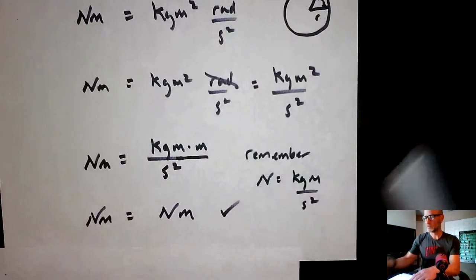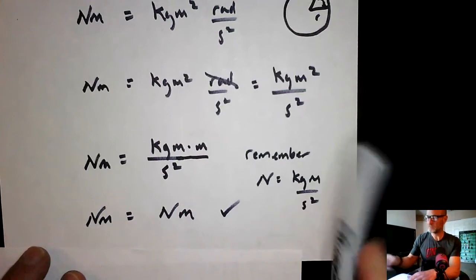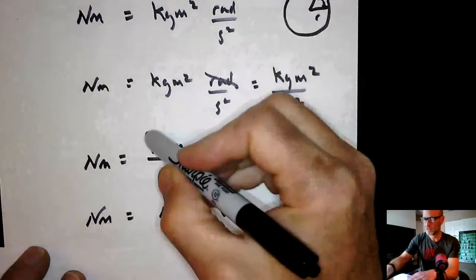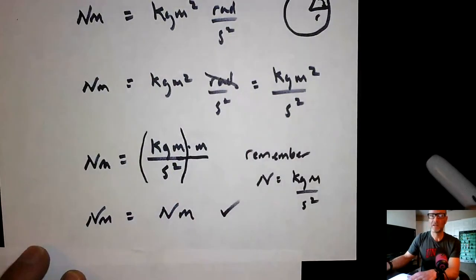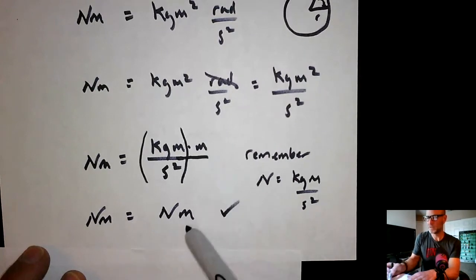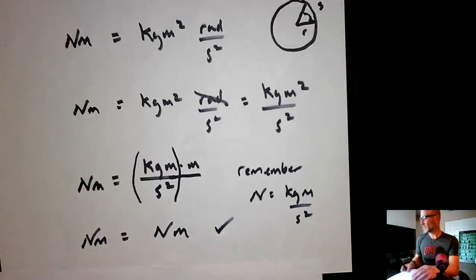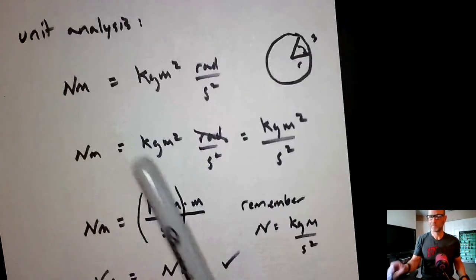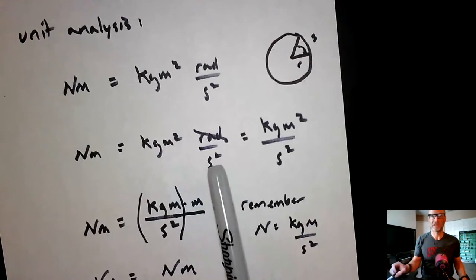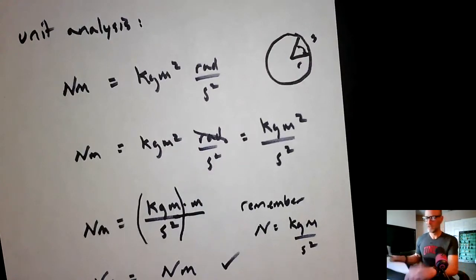Hopefully you can see that right there is a newton. So now we're left with newtons times meters, which is the same set of units as torque. All right, so that's our unit analysis, and we need to make sure that we understand units for torque, units of moment of inertia, and units of angular acceleration, and how they work together to ultimately yield newton meters.